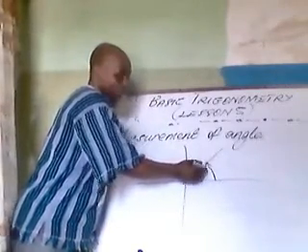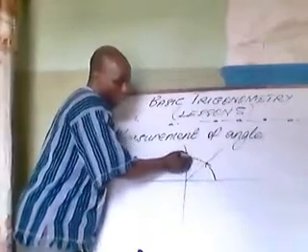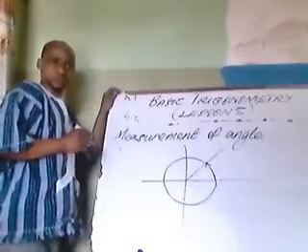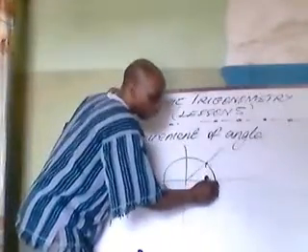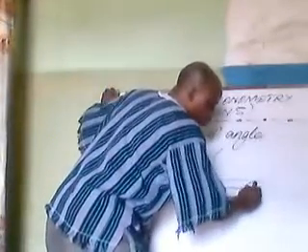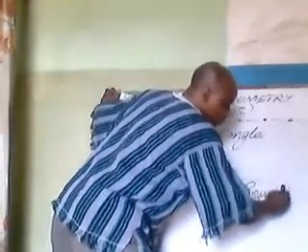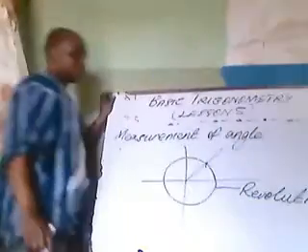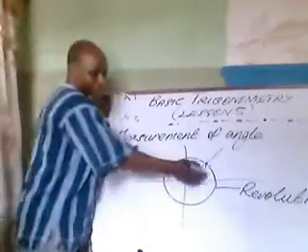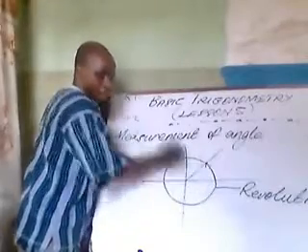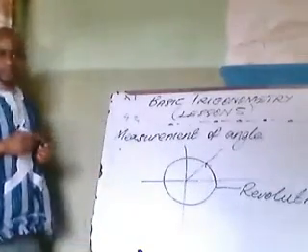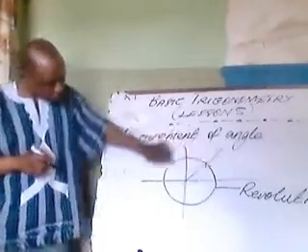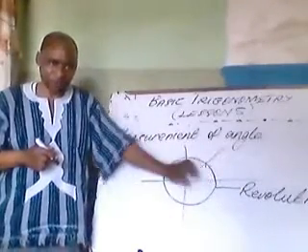Do you get it? Then by the time you make one complete rotation, we say you have described what we call a revolution. And as you can see, one revolution describes a circle, as I have indicated on the diagram.